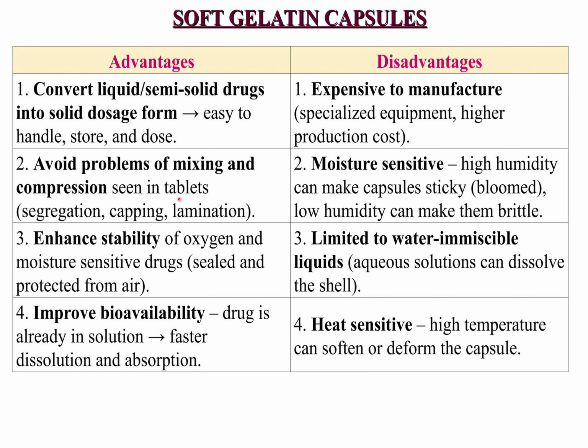So during tableting, we have seen it requires mixing and compression, and for this mixing and compression we need to use a lot of blenders or compression machine, punch machine, die cavity. Okay, so in case of soft gelatin capsule we will see that the equipments are smaller in number.